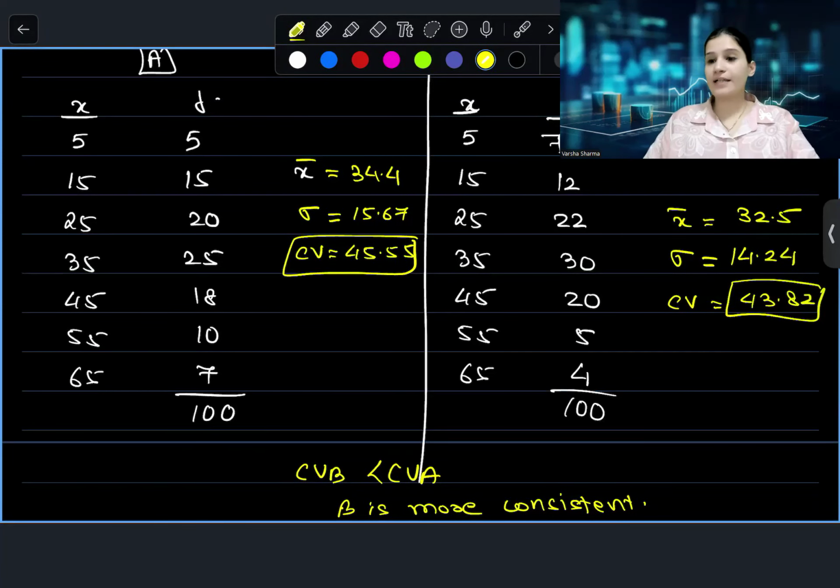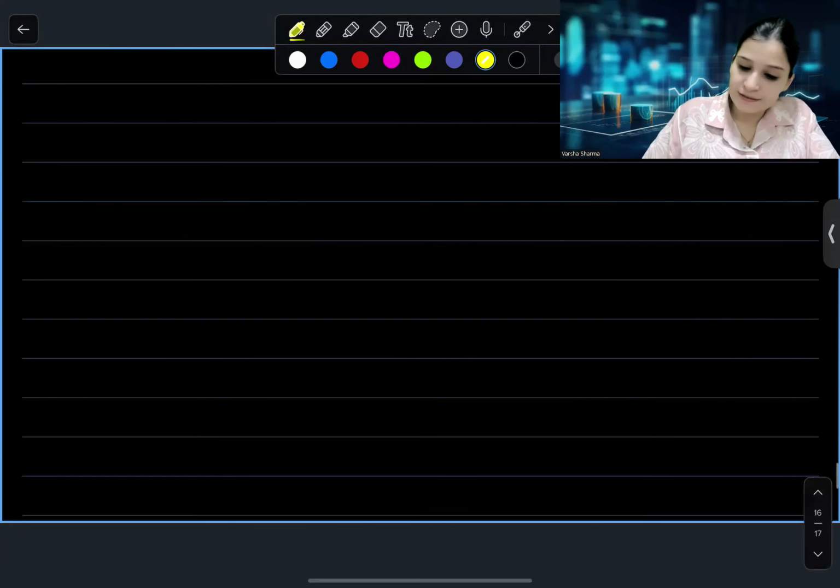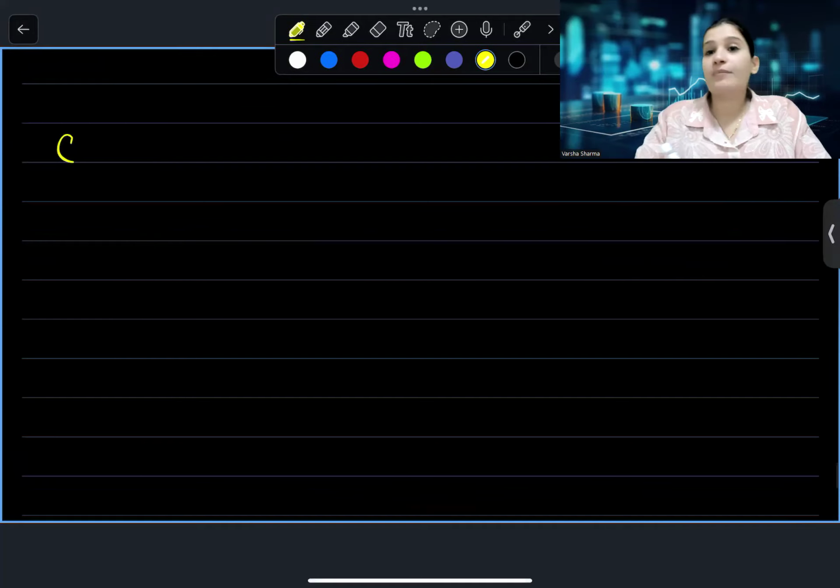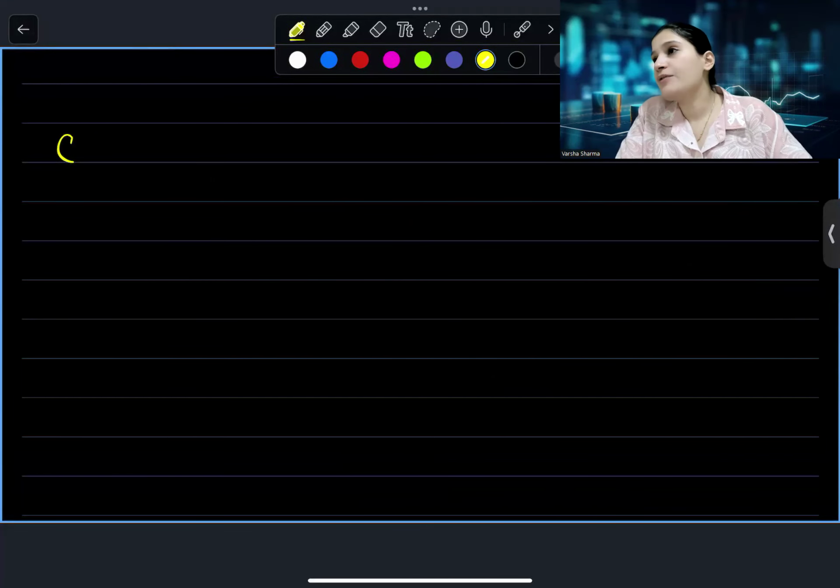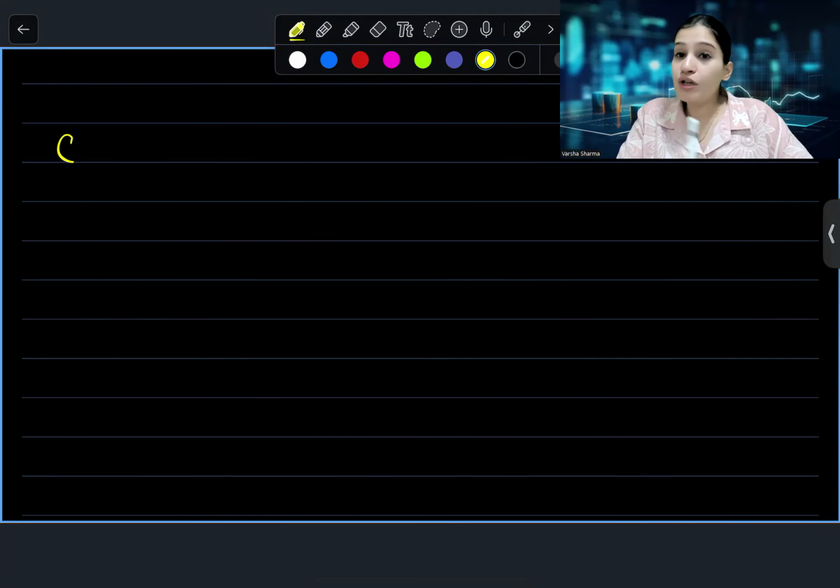Now, the last thing that we need is combined standard deviation. Among the central tendency, mean was the only one which has some mathematical property. Among all the dispersion, standard deviation is the only one which has mathematical property. If I now talk about properties, all of them are defined.